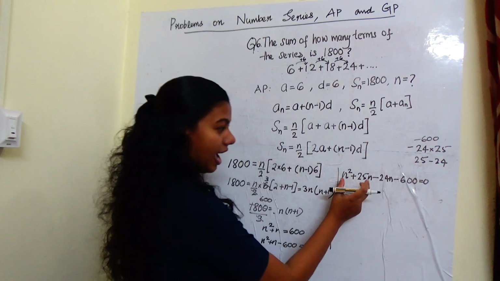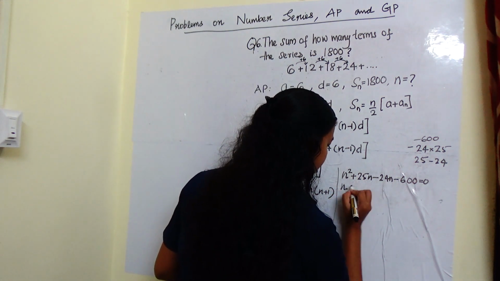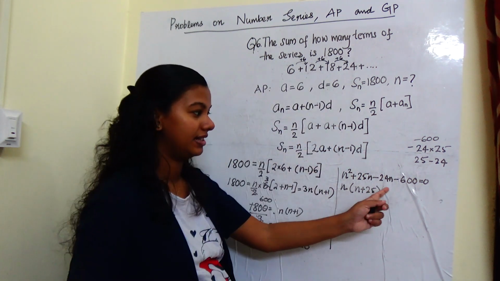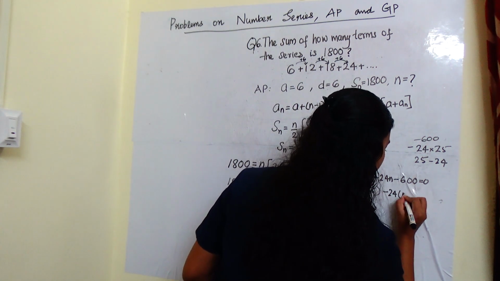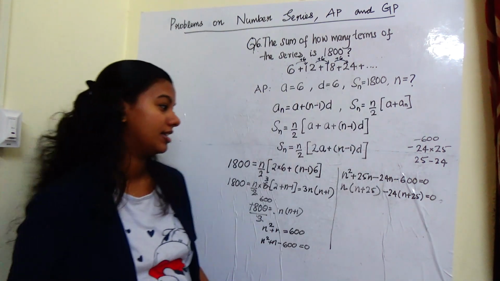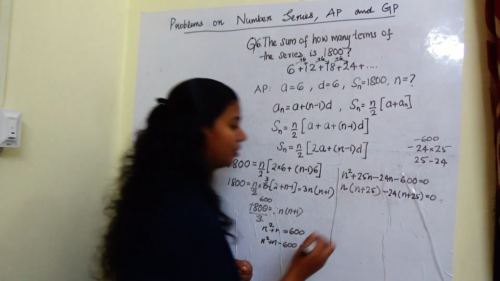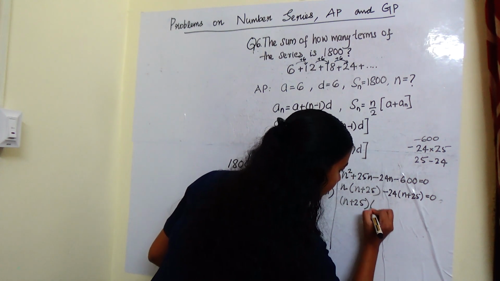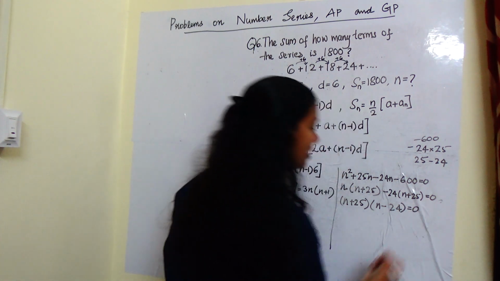That is, if I have to group, I take n common, n plus 25, and in this I will take 24 common, minus 24, n plus 25 equals 0. Now I take n plus 25 common, balance we have n minus 24. N plus 25 into n minus 24 equals 0.